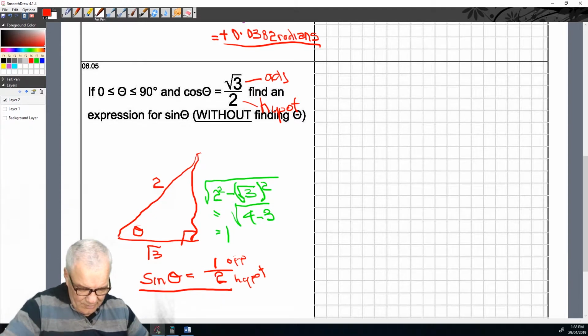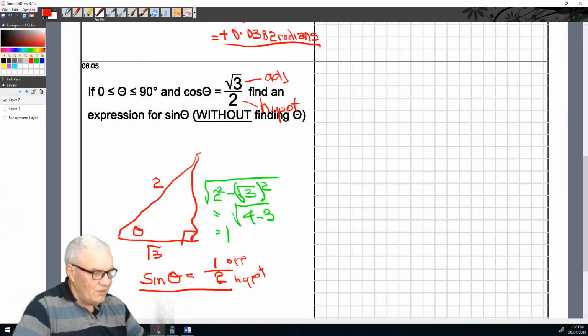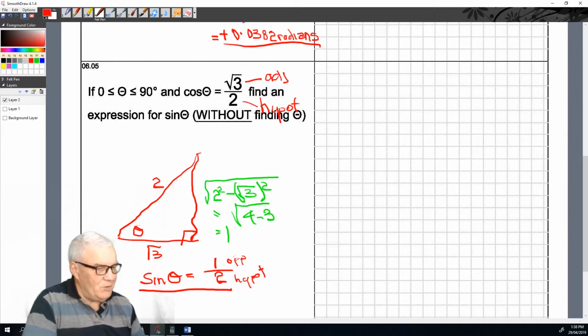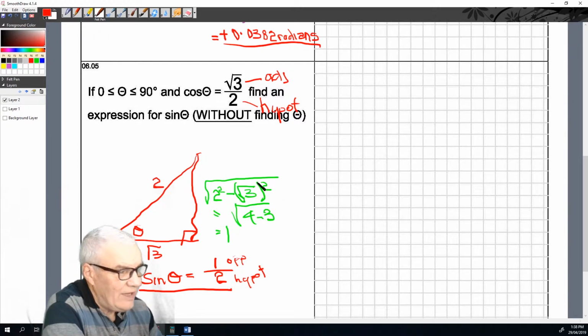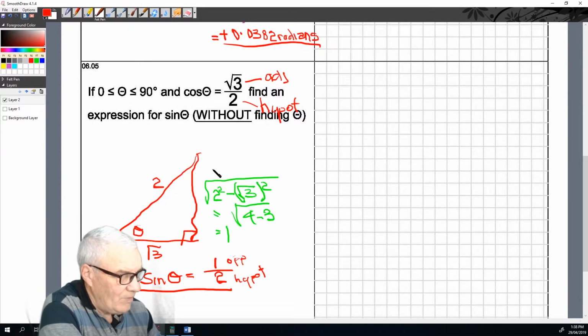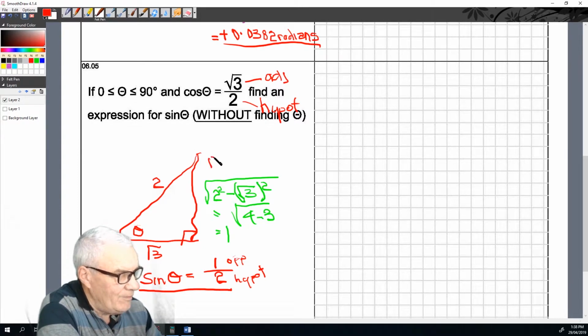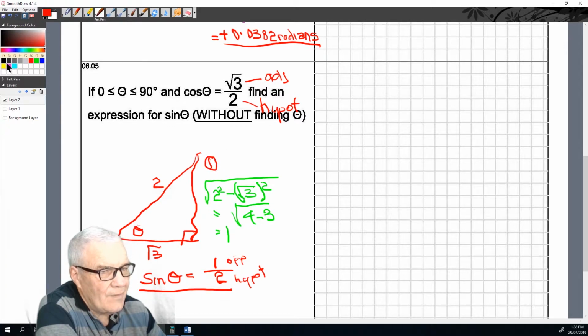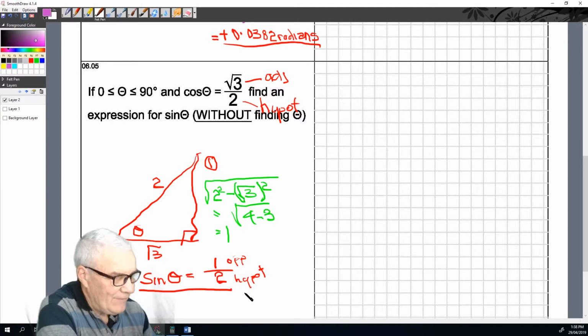That would be worth 2 marks there, or maybe a mark for the diagram and a mark for that there.